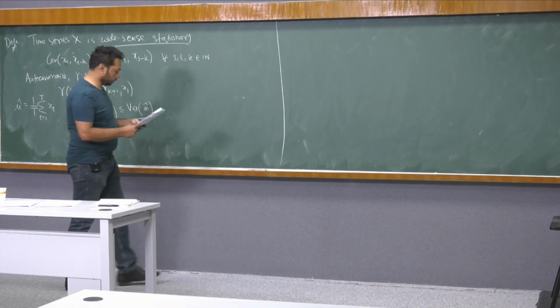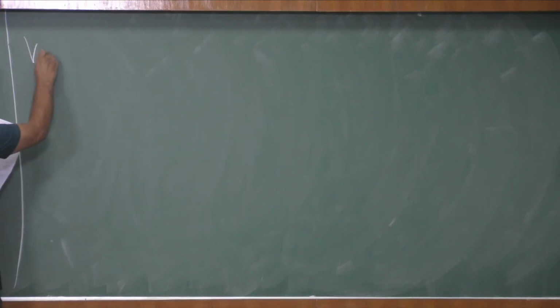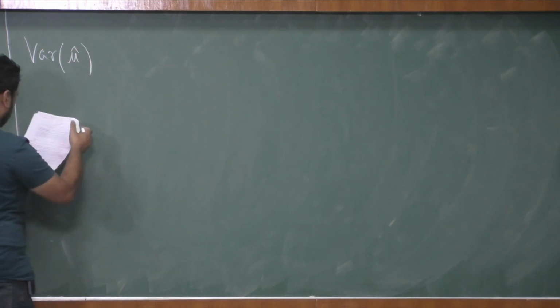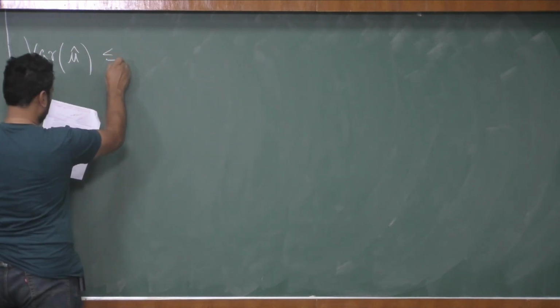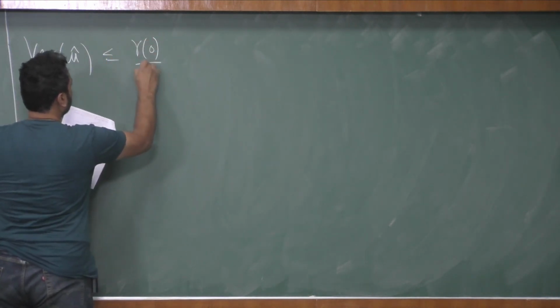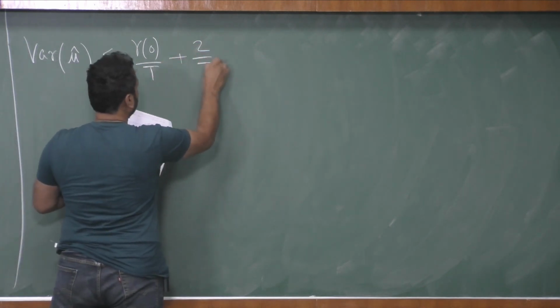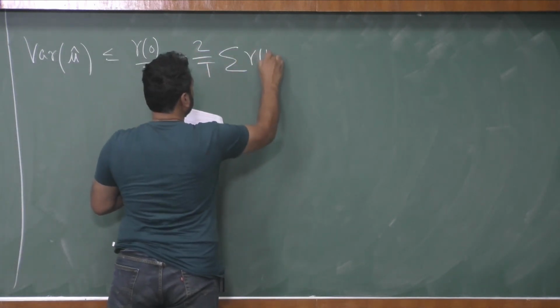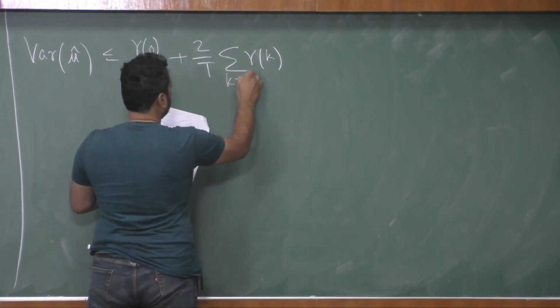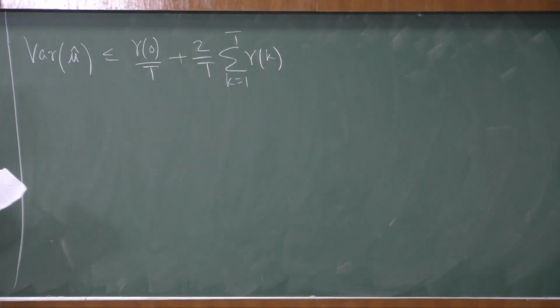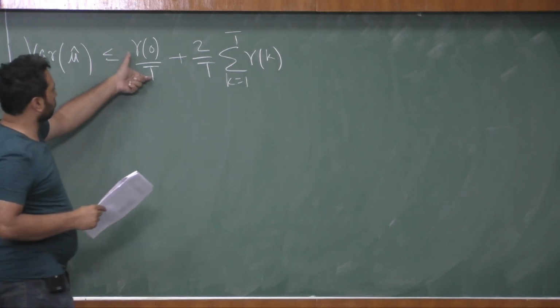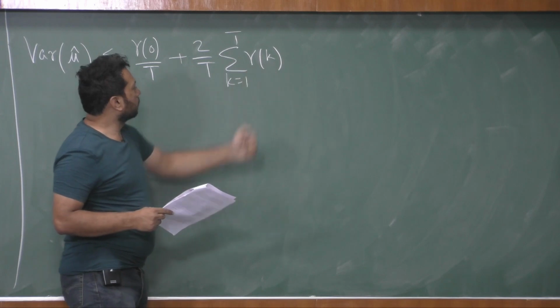So continuing, what we wrote in the last class is that we derived that variance of mu hat is less than or equal to gamma 0 divided by T plus 2 by T times the sum of gamma k, k equal to 1 to T. If gamma 0 is some finite quantity, then we know that the first term will go to 0 as T tends to infinity, but we are not yet sure about this sum of gamma k term.